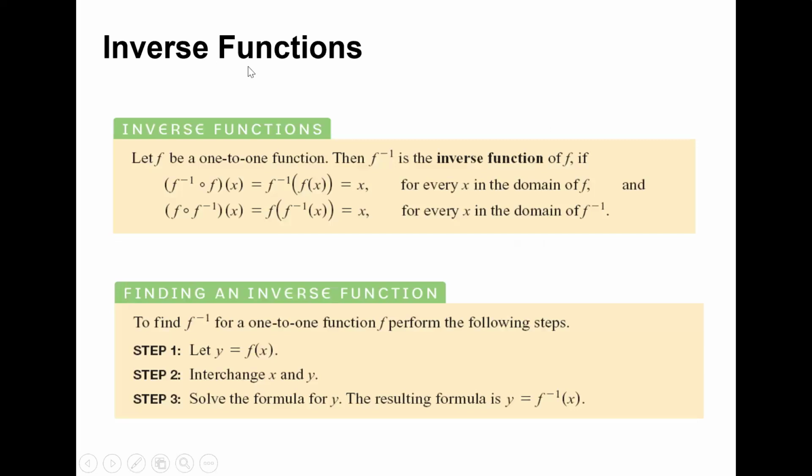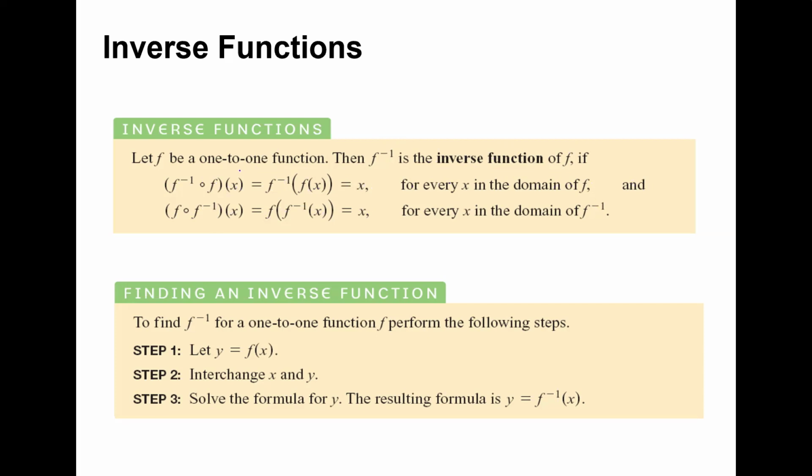All right, inverse functions and then how to find an inverse function. So first, inverse function. Let f be a one-to-one function, so it has to be one-to-one. Then f inverse, the -1 meaning inverse, is the inverse function of f if f inverse of f of x equals x for every x in the domain of f, and f of f inverse of x equals x for every x in the domain of f inverse.